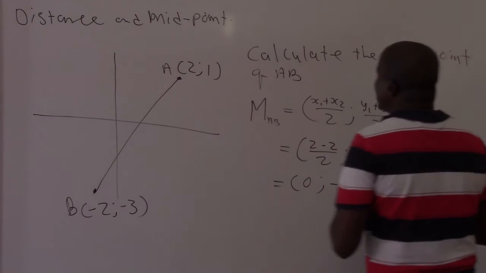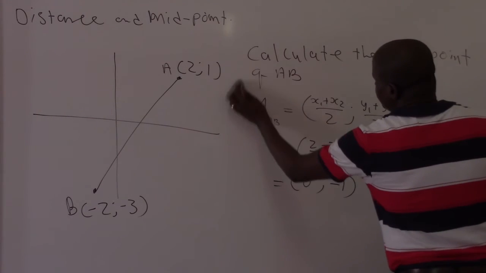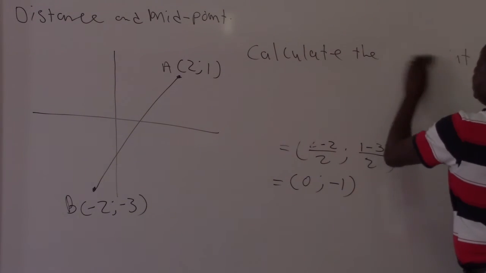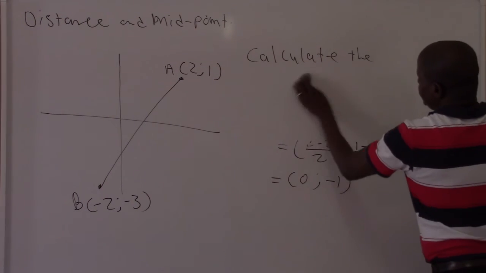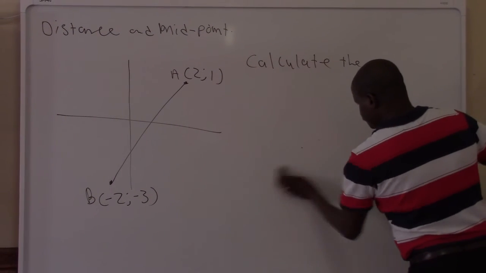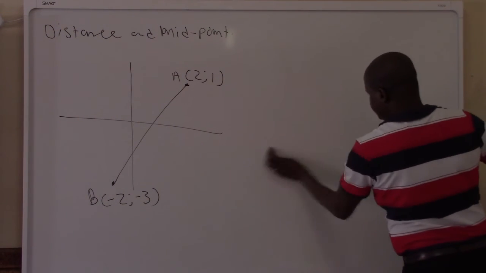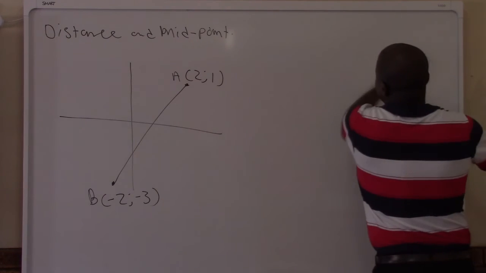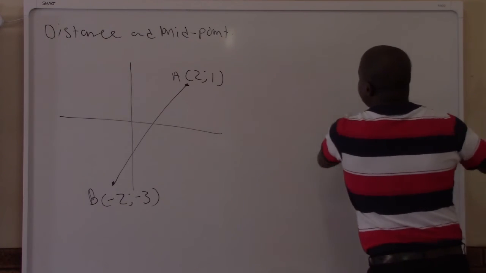So now I want us to take a look at how we can also calculate the equation of that particular straight line. So another question may come and say to you, calculate or determine the equation of AB. The equation of AB. So that's how it may say.